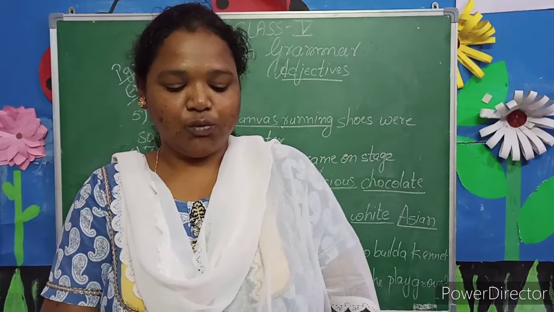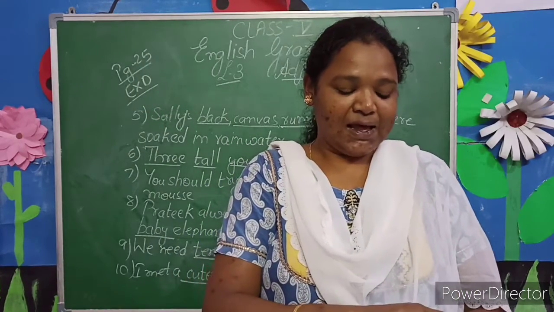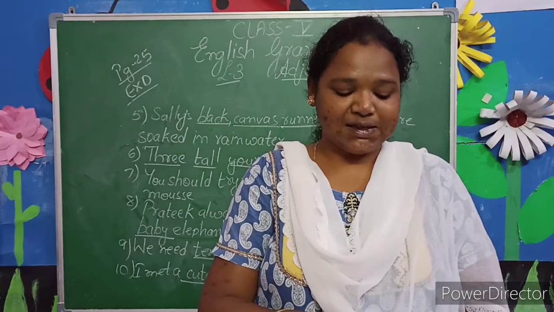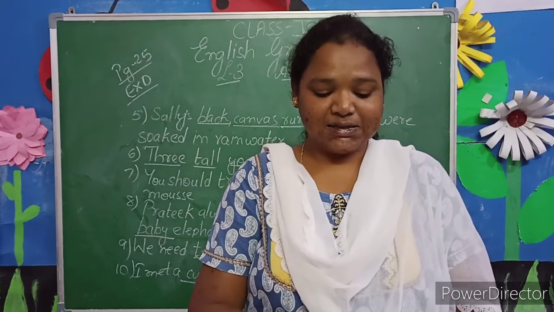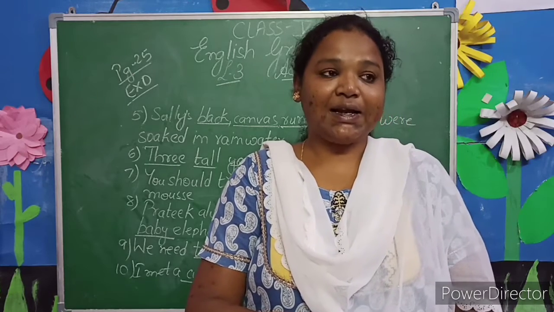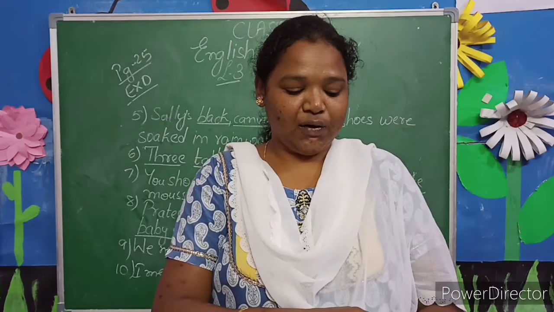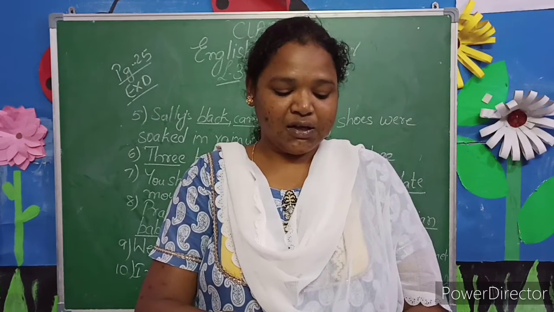Like that, ful: beautiful, delightful, graceful, powerful. Less: useless, hairless, careless, cheerless. Ly: absolutely, cleverly, clearly, elderly. Dom: freedom, kingdom.